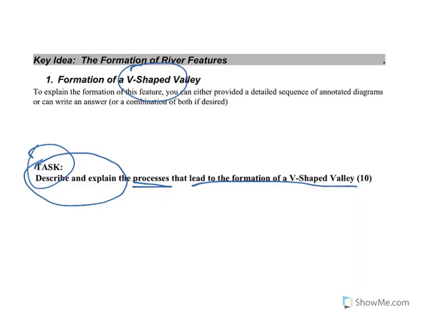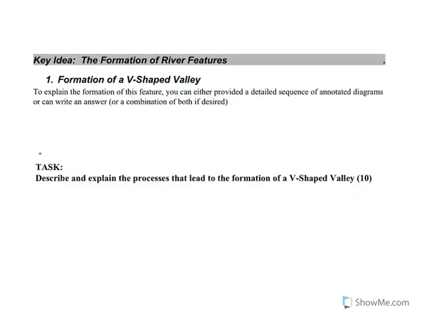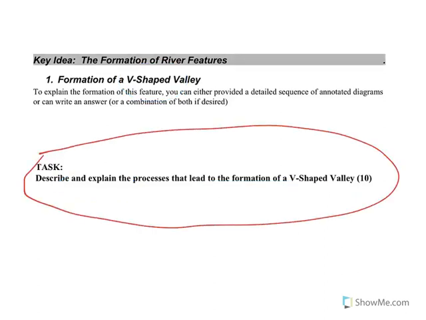If you turn in your virtual note set to the next page, what you're now being asked to do is answer this question. Describe and explain. Now, all you're going to do is write out a detailed answer that takes you through the journey that I have just verbally told you, from starting with a small little river channel, cutting vertically into the landscape, explaining how that all works, moving into step 2.